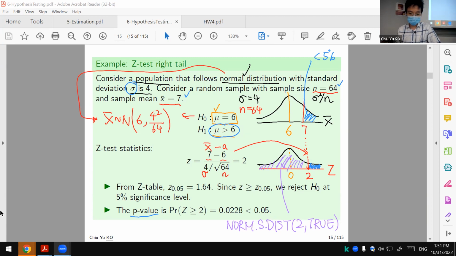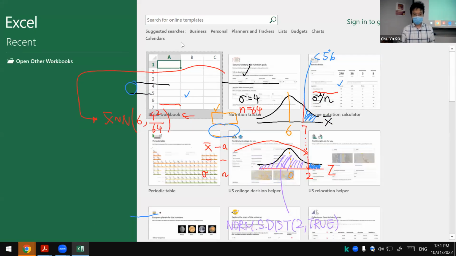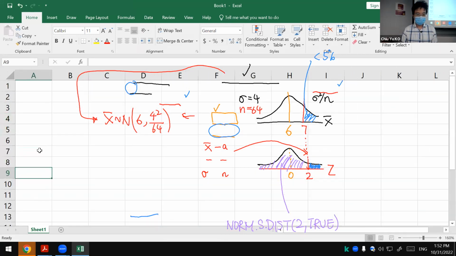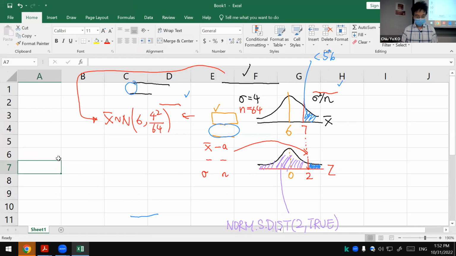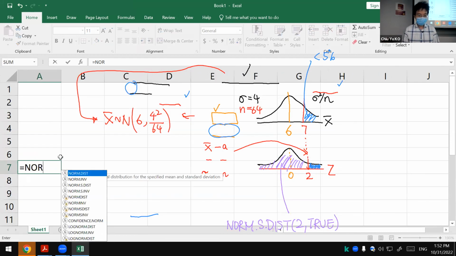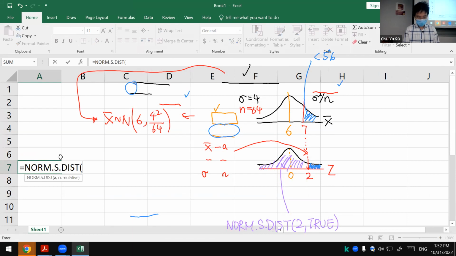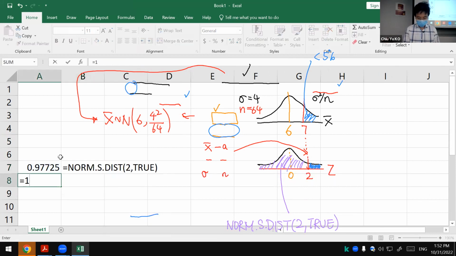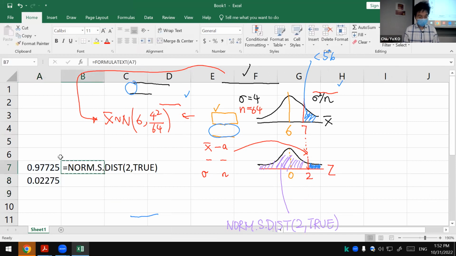Let me do it in Excel. Just look at the bottom. Maybe I just do it here. We want the norm.s.dist of 2, true. Do remember this is going to be the purple area, so you need to subtract it from above. That gives us what we want.